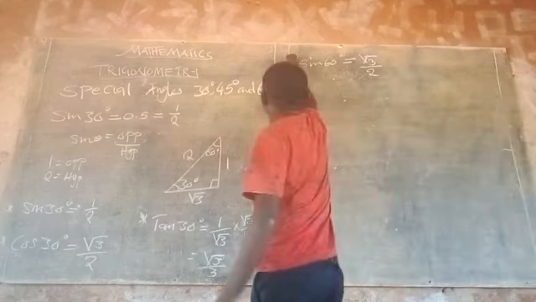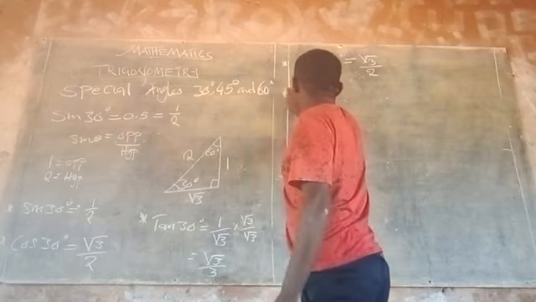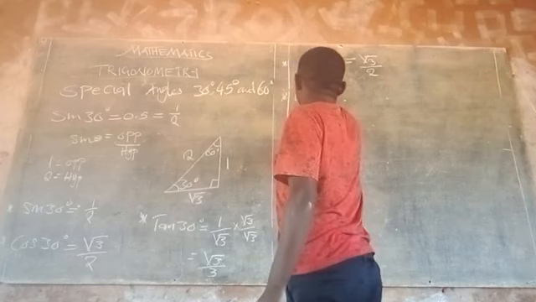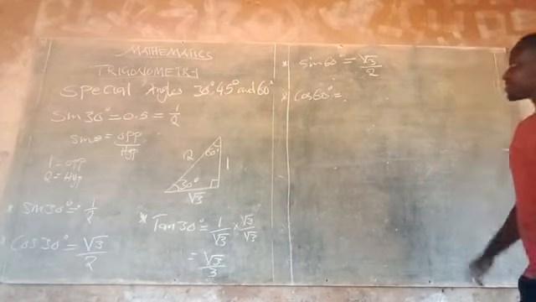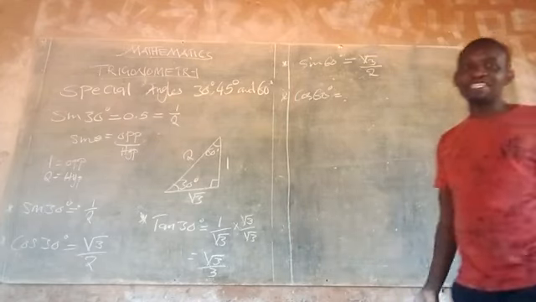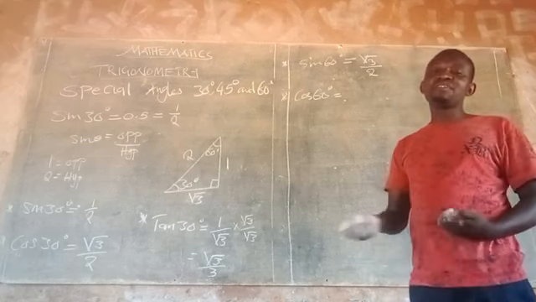We go to cos 60 degrees. Cos 60 degrees, we know that is 0.5, and that is 1 over 2.